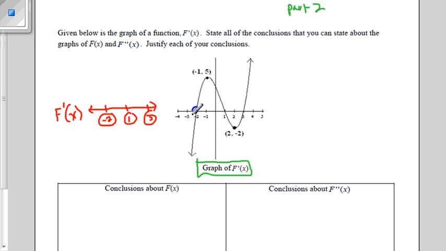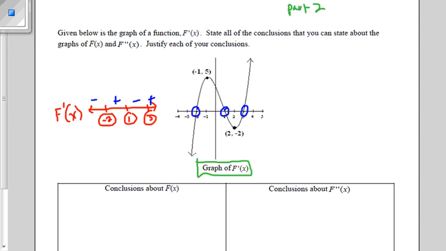We know that this is the zeros of the derivative, and to the left of -2, it's negative. Between -2 and +1, it's positive, between +1 and 3, it's negative, and to the right of 3, it's positive.